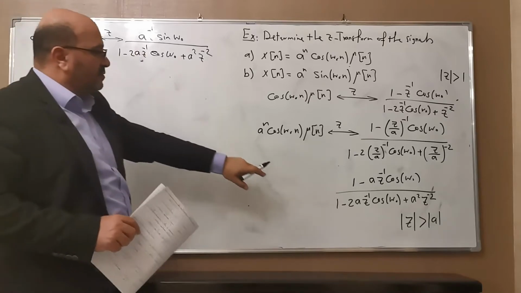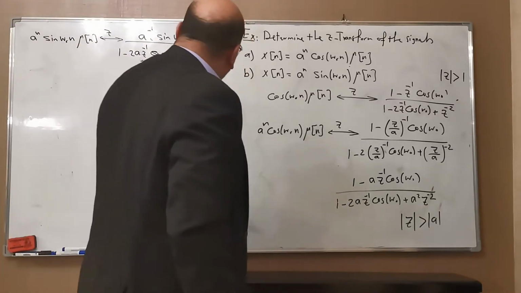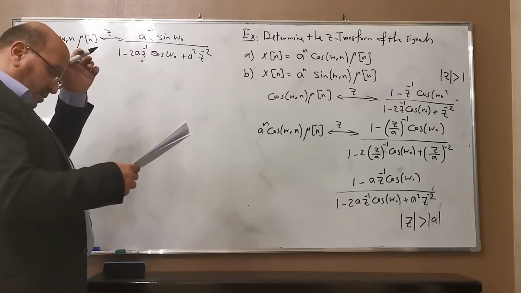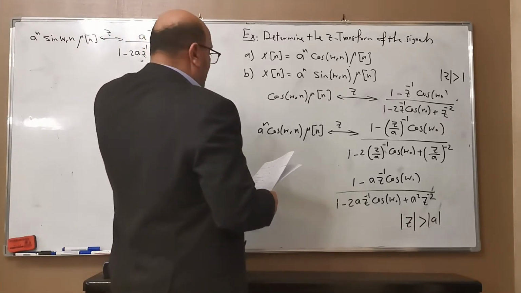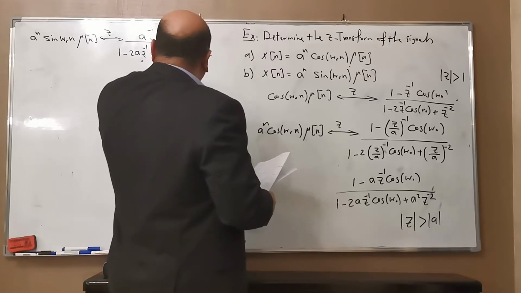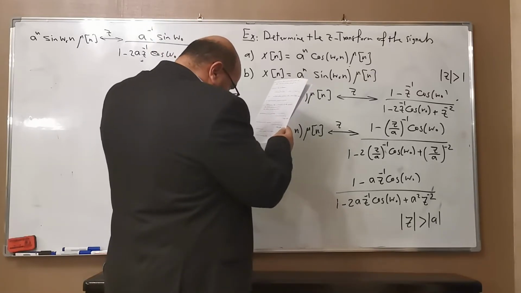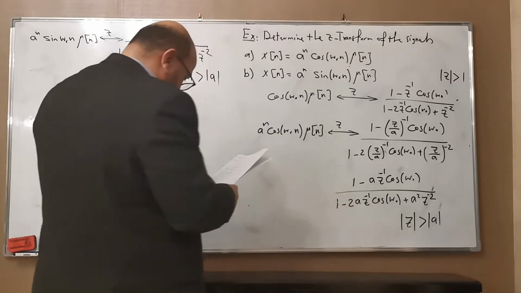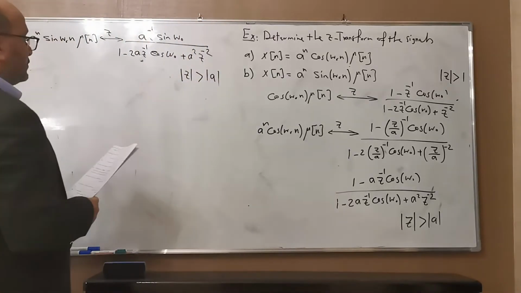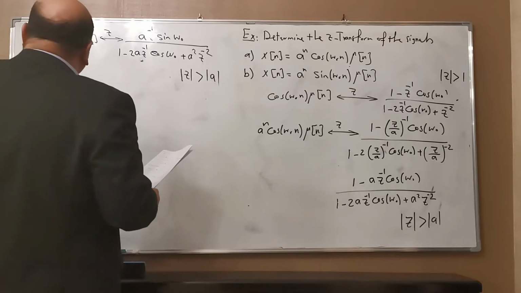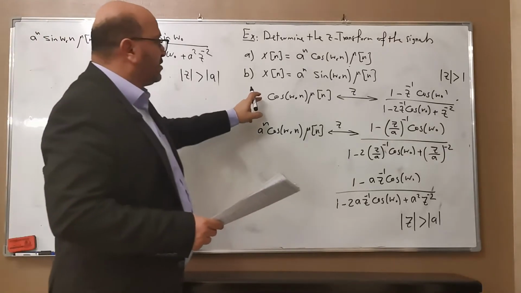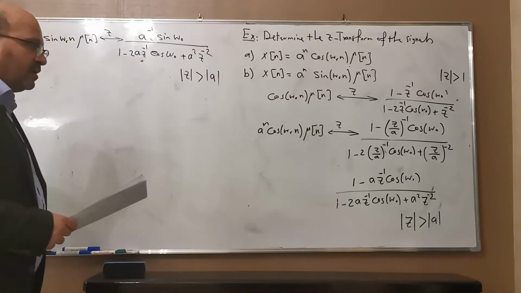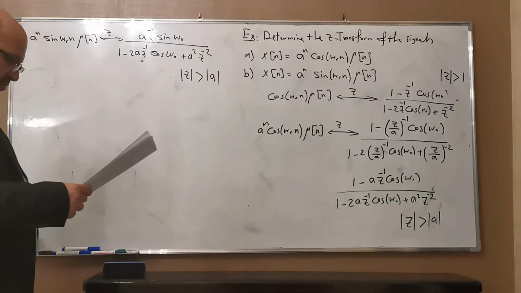The same denominator; the numerator here has cosine and here has sine. Okay, with the same region of convergence, also the magnitude of Z greater than the magnitude of A. So this is the second one, and those two are actually part of the table that we will use for inspection for the inverse of the Z transform.